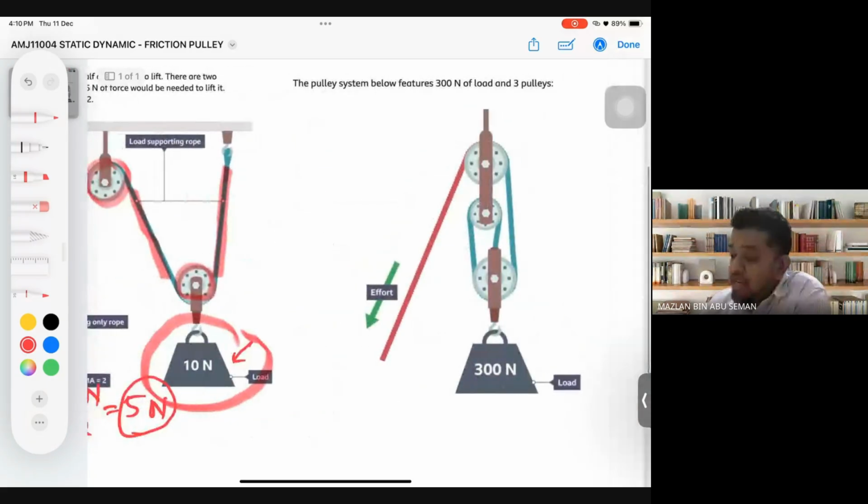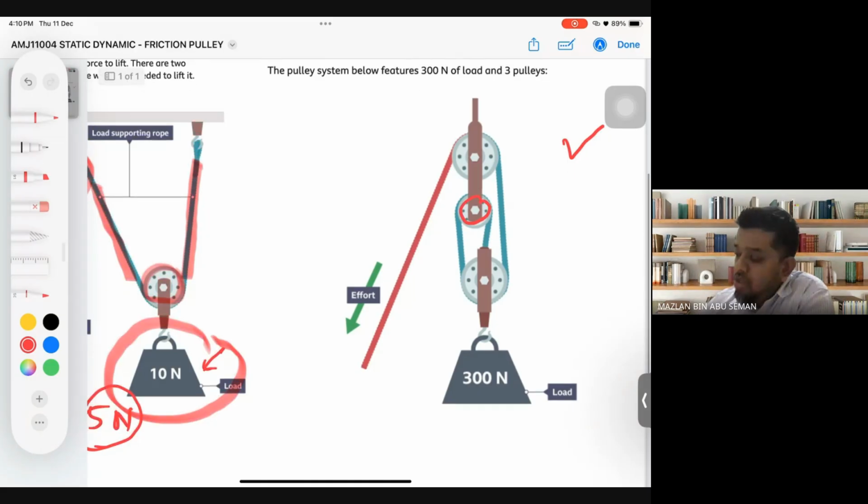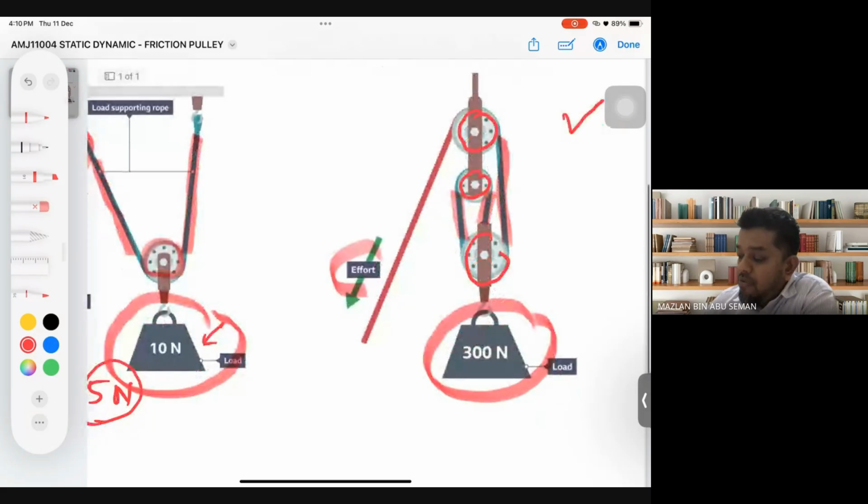And next is the system in our question. We have this arrangement with 3 mechanisms, 1, 2, 3. That means we have supporting load ropes 1, 2, 3. For this case, if we want to lift 300 Newton, the effort we need is W divided by 3.